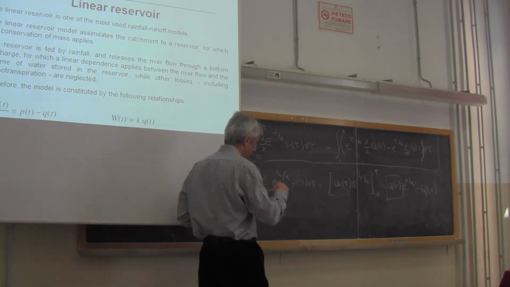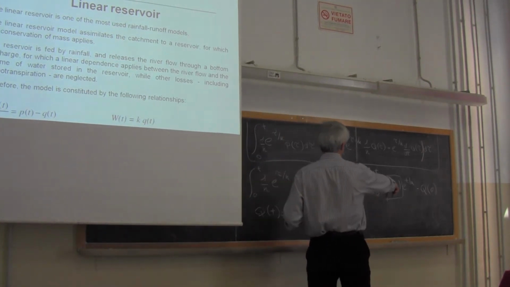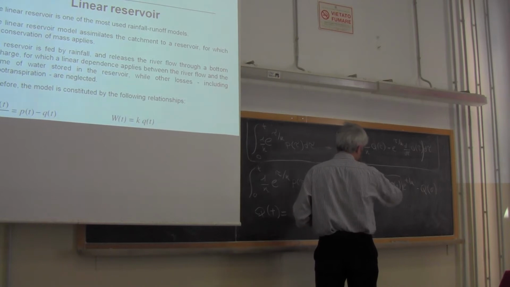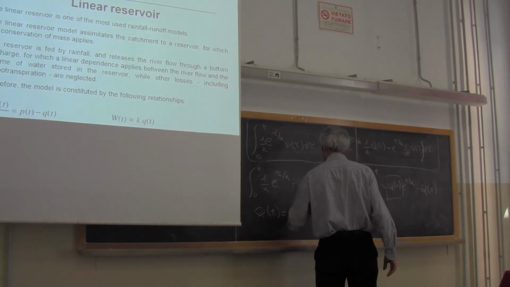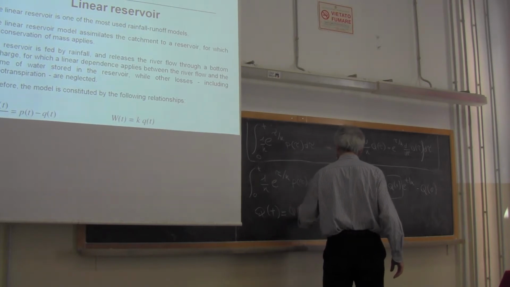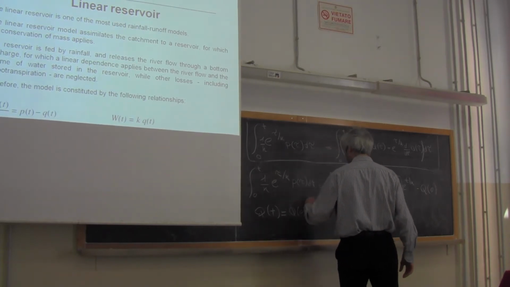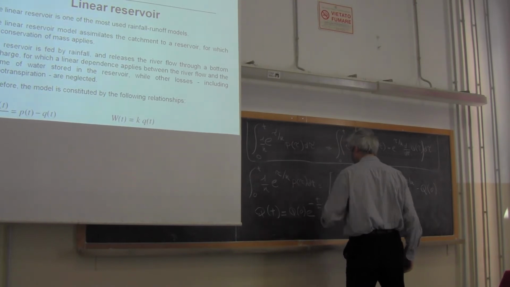Okay, so first let me write at the right-hand side Q0 times e to the power of minus t divided by k.